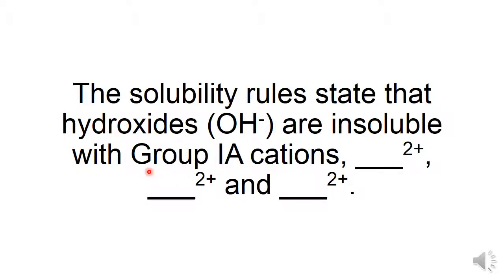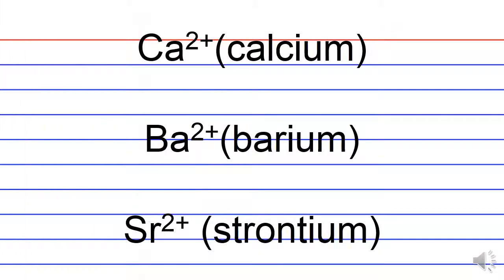Group 1A cations are alkali metals like Na plus, K plus, stuff like that. So these are some group 2 metals or alkaline earth metals: Ca2 plus, Ba2 plus barium, and Sr2 plus strontium. All right, so these are group 2 elements.